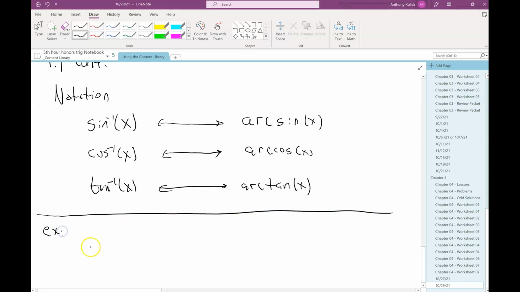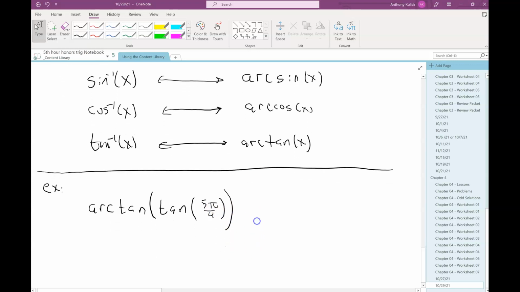So let's ask a little bit of a thinker here. What's the answer to this? If I take the arctan of the tangent of 5 pi over 4.